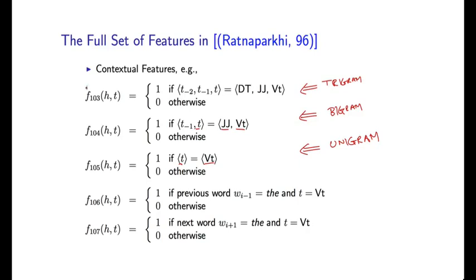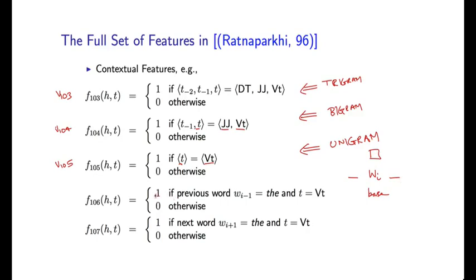Now of course we're going to have parameters in our model, v103, v104, and v105, which are basically going to be in some sense correlated with the probability or likelihood of this trigram or this bigram or this unigram of tags. Ratnaparkhi also made use of features which, in addition to looking at the current word wi being tagged, which might be, for example, the word base, can also look at words surrounding it, either to the left or immediate right.